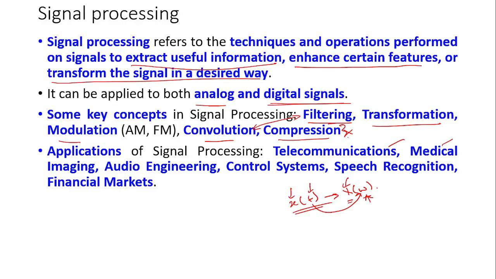Then in medical imaging, most of the imaging systems nowadays are digitized. If you go for an X-ray plate, it would be a digitized X-ray plate. So they are removing the noises through digital mathematical operations, right? Then audio engineering, that means you are playing with the quality of the audio by applying some mathematical operations, right?